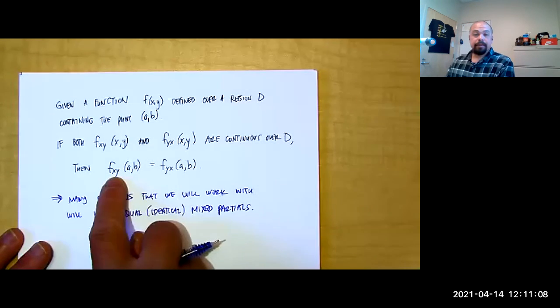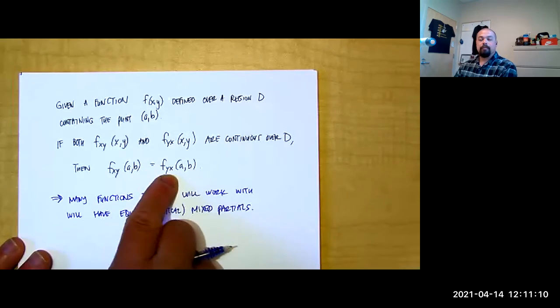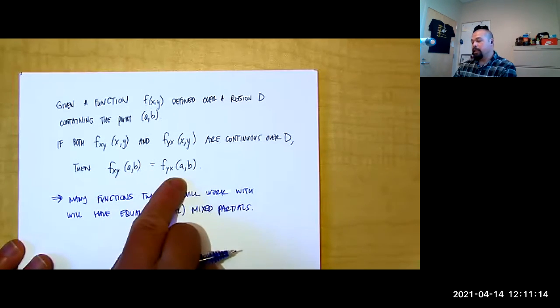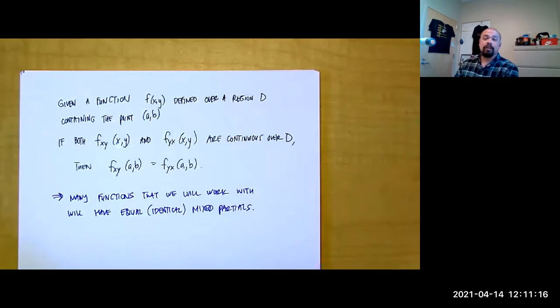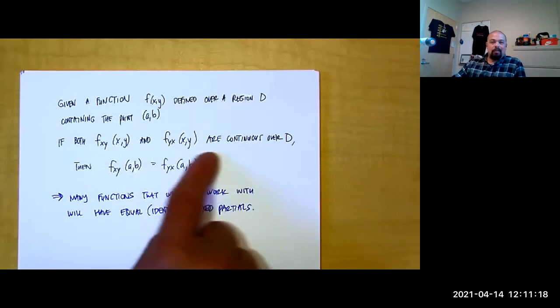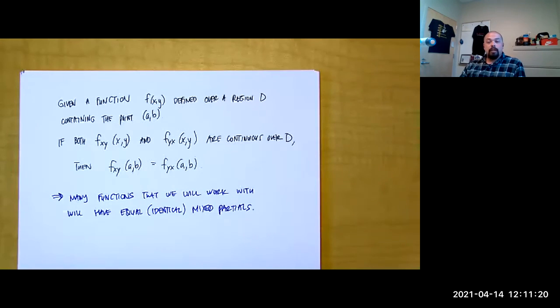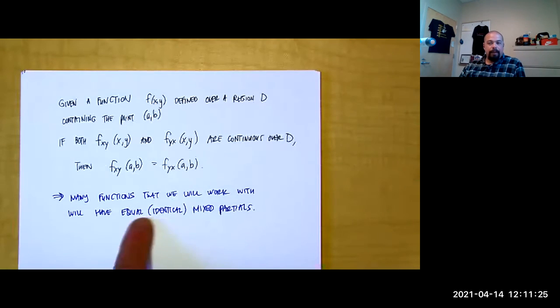Right? So no matter which order you take the derivatives in, x first or y first, those results for many of the functions, not always, we have to make sure those expressions are continuous, but they're going to be equal. And most times, equal means identical for us.